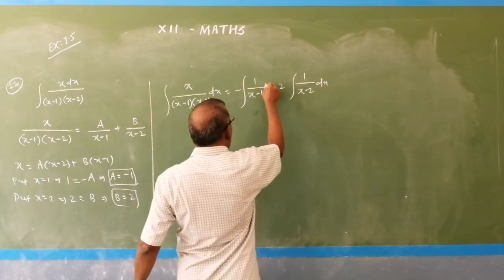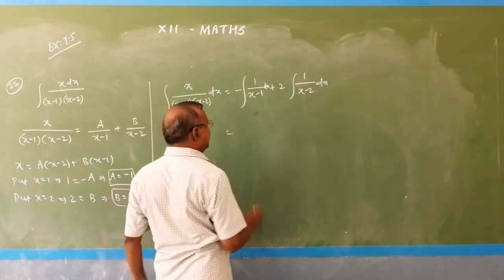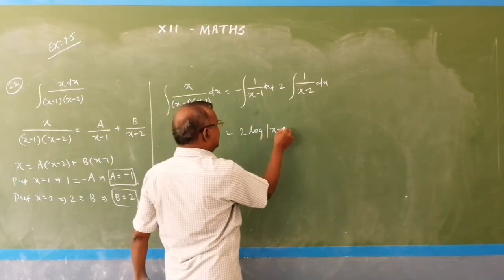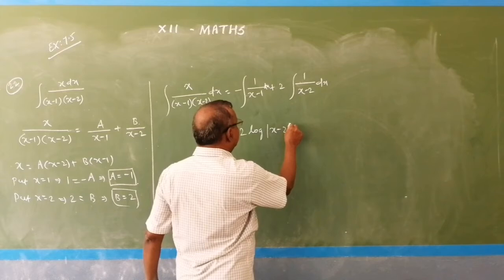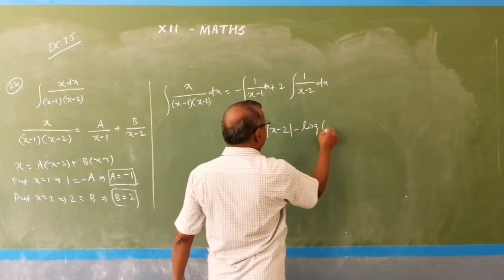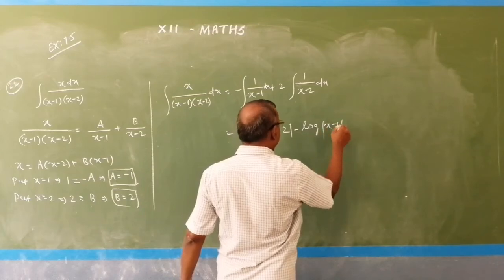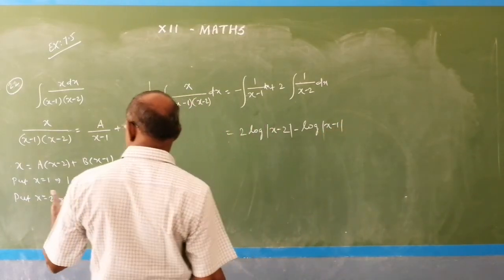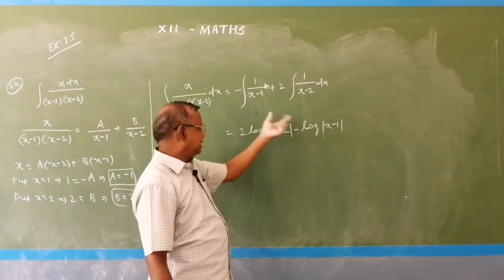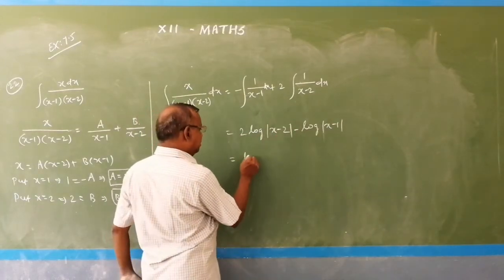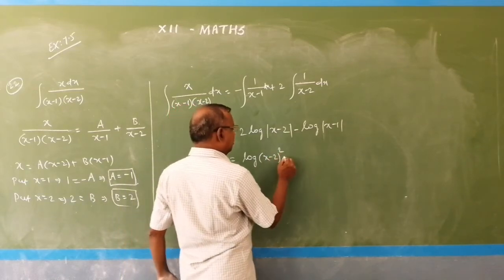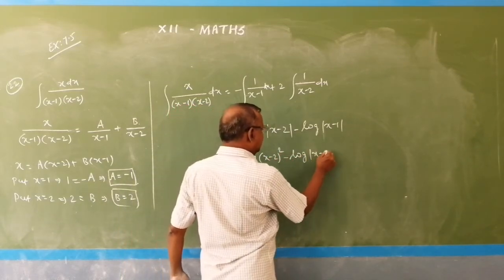So, this is equal to, first let me write the positive side, 2 into log of modulus of (x minus 2) and minus log of modulus of (x minus 1). Now, when the coefficient of a log is there, it can be taken as a power. So, this can be written as log of (x minus 2) the whole square minus log of modulus of (x minus 1).